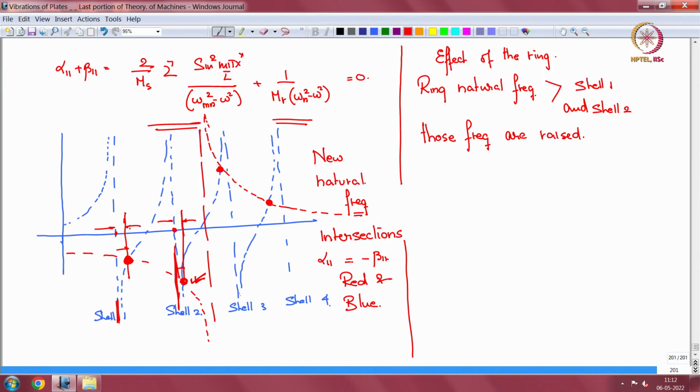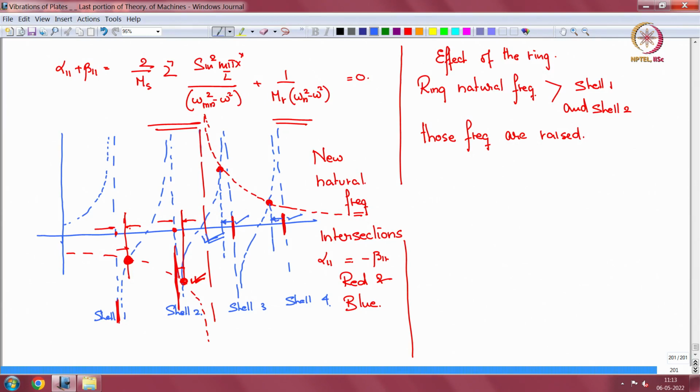Whereas, this is the shell third natural frequency, the shell fourth natural frequency, and this is the ring natural frequency, which is lower than this value. Then what happened? This now is the new natural frequency, so that got lowered. This is the new natural frequency that got lowered.